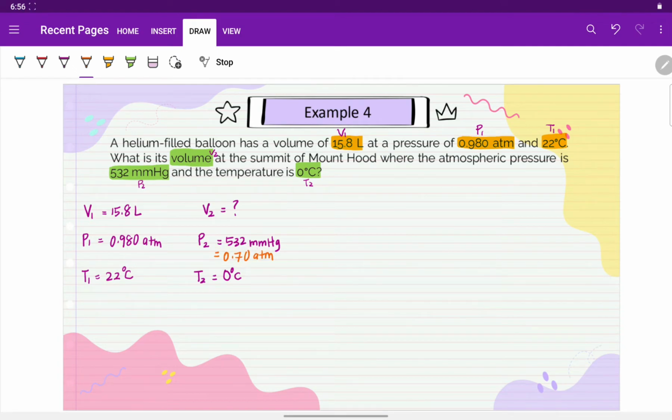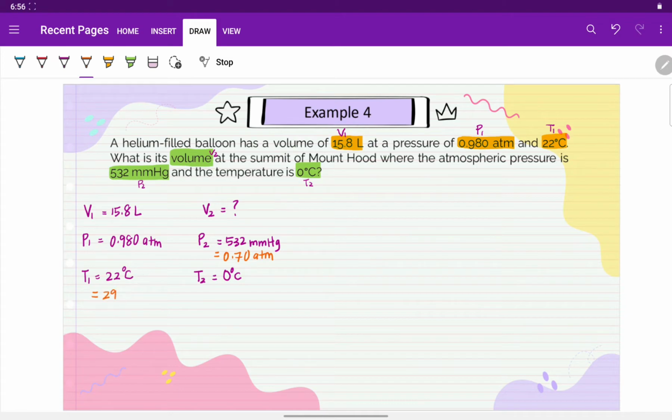Yang seterusnya adalah temperature. Temperature is in degree Celsius. Again, even though unit is the same, ingat kita mesti guna Kelvin. Jadi change this 22 degrees Celsius into Kelvin. So saya terus tulis dia punya temperature in Kelvin. So 22 degrees Celsius tambah 273.15.